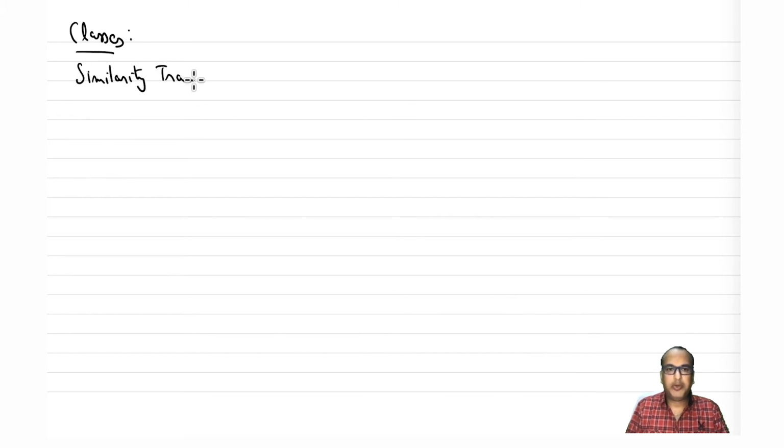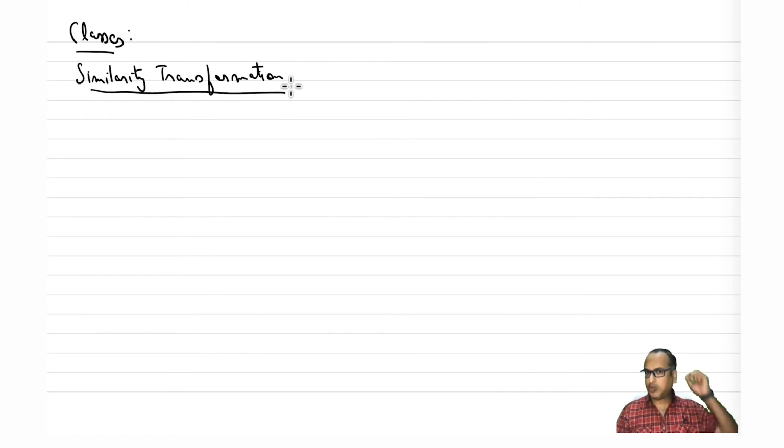Some of you already know this from other courses. For example, if you're taking an NMR course, the similarity transformation is also discussed there, right?